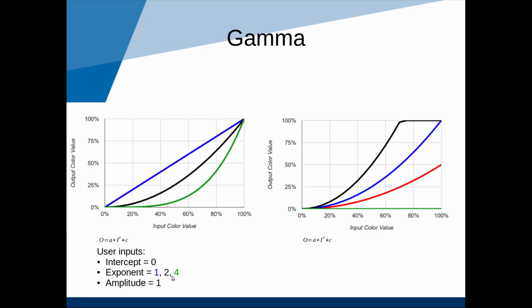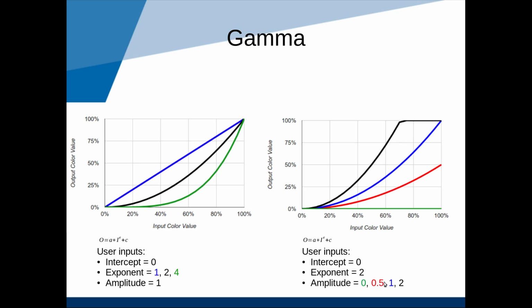If I change the amplitude, it just shifts the graph up or down. Here I have an example with an exponent of 2. If the amplitude is 0, the whole graph is multiplied by 0, and it just removes all the red, no matter how much is in the input picture.